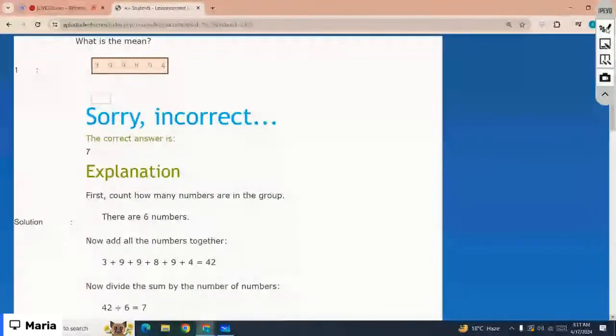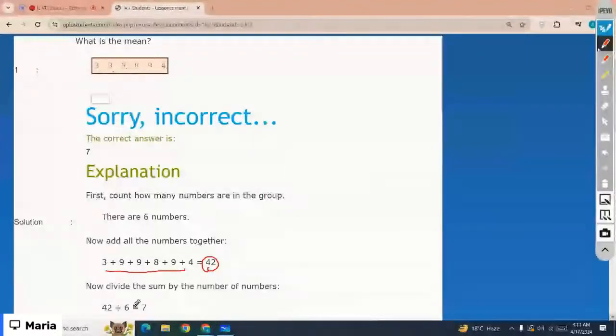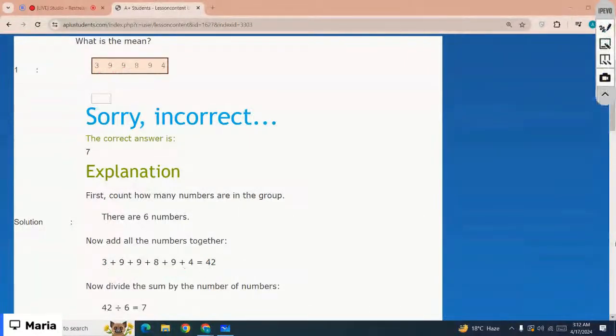There are 1, 2, 3, 4, 5, 6 numbers, so you have to divide 42 by 6. 42 divided by 6 is 7, because 6 times 7 is 42. 7 is the mean. So when you need to calculate the mean, you add all the numbers and divide by the number of numbers in the group. They are 6 in number, so you divide by 6.